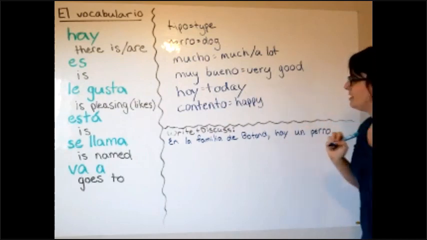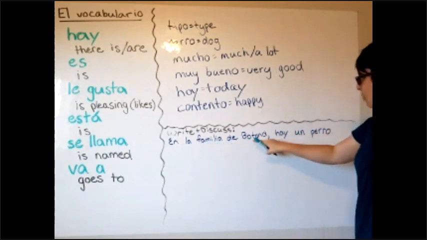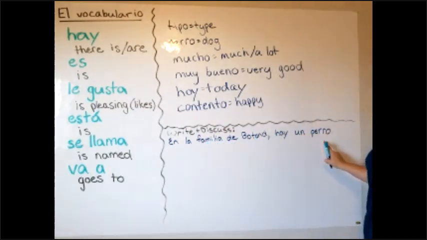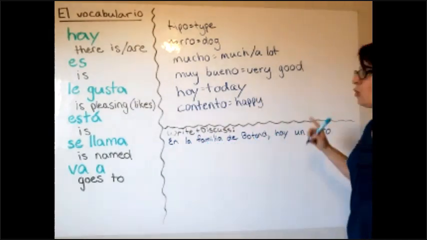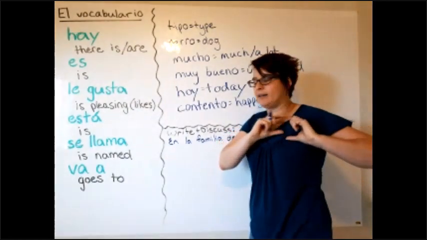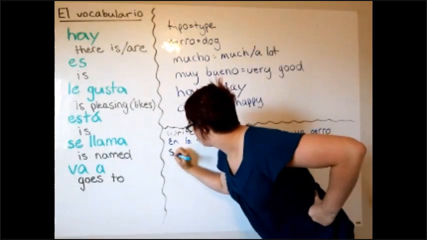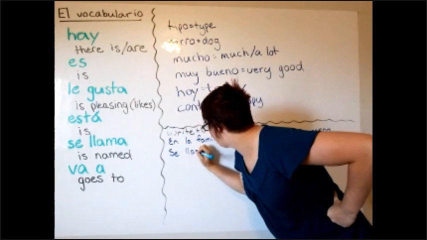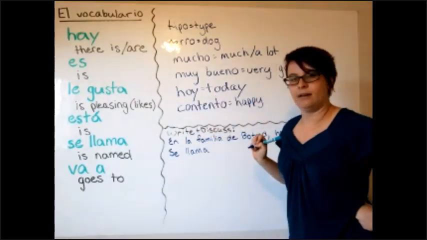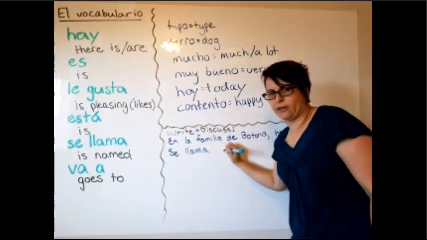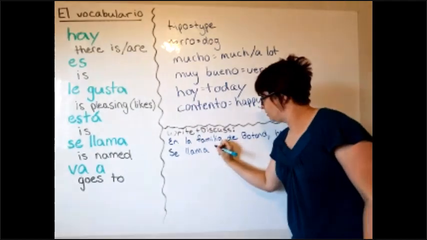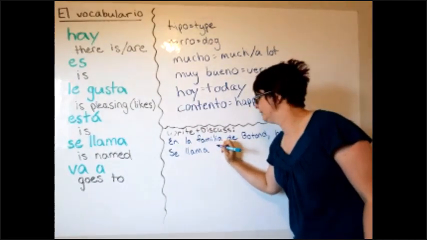Fantástico, clase. En la familia de Botond hay un perro. ¿Cómo se llama el perro? Se llama Diesel. Oh, ¿cómo escribe? How do you write that?